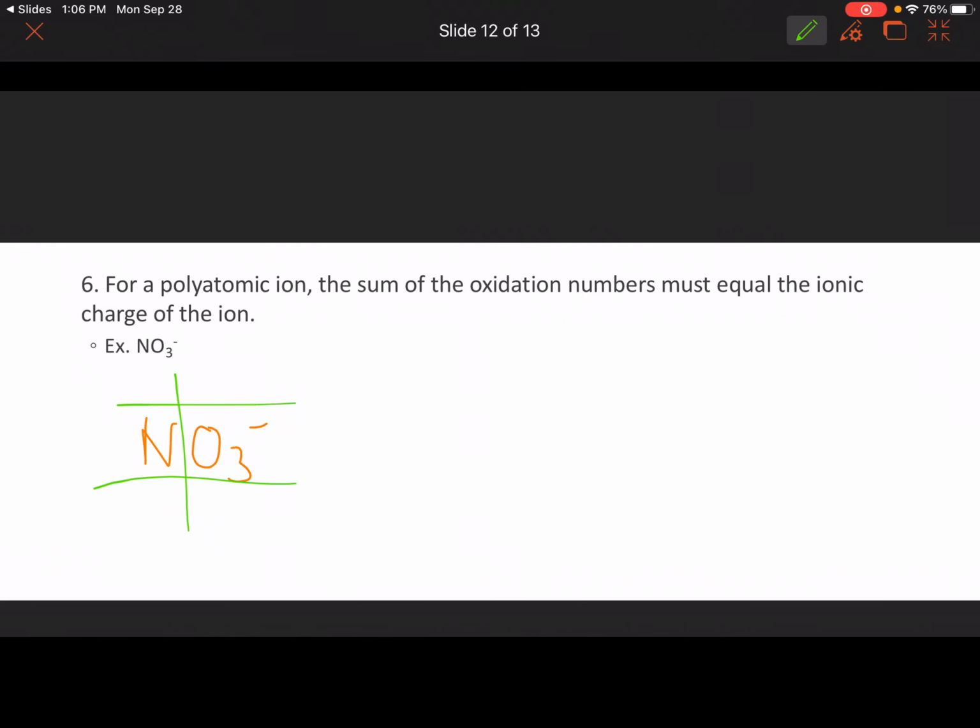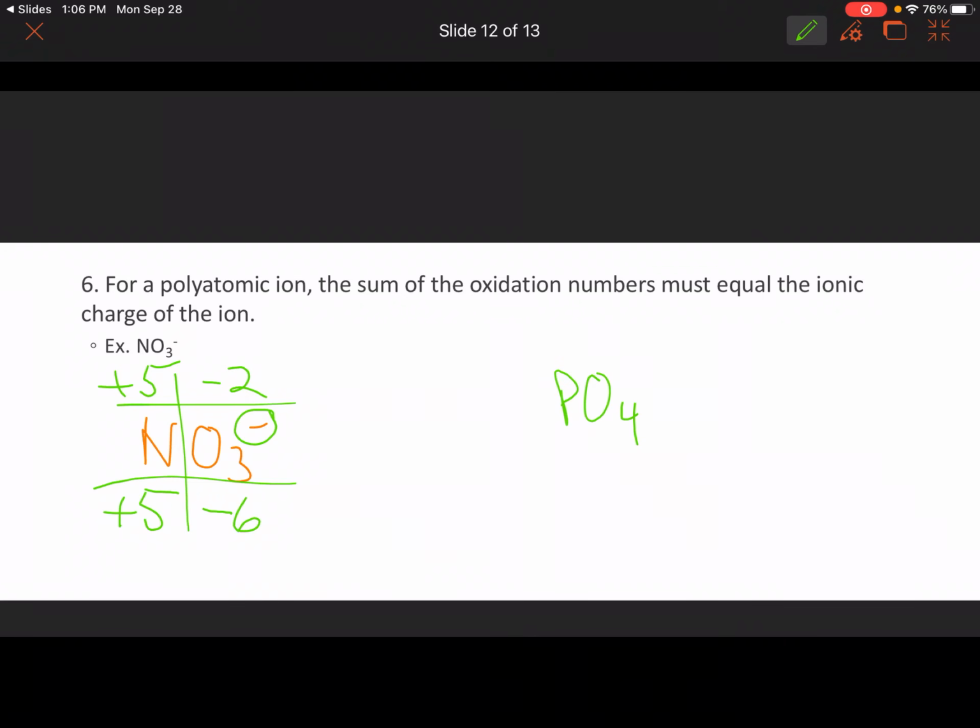Now, oxygen we know is always going to be -2, and I've got 3 of them. So -2, -2, -2, I'm going to have -6. So I have to think, what number plus -6 is going to give me -1, because the sum of those two numbers has to equal the ionic charge. So this is going to be +5 here. I've only got one of them, so the oxidation number of the nitrogen is +5.